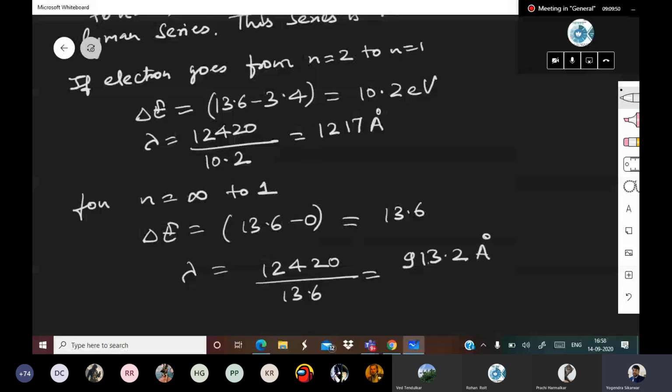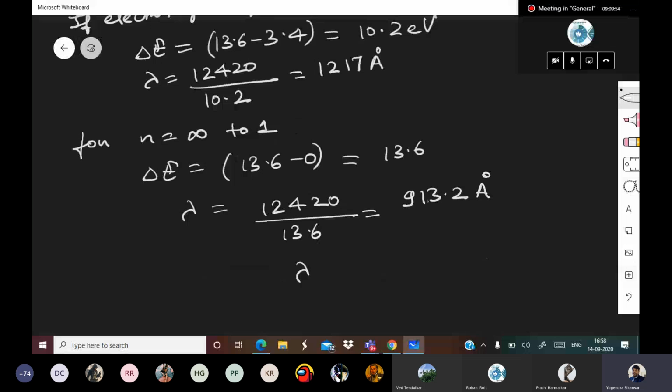So lambda in Lyman comes out to be 913.2 to 1217 angstrom.